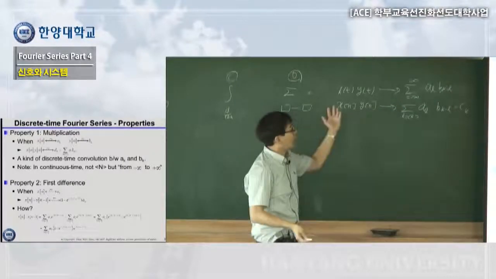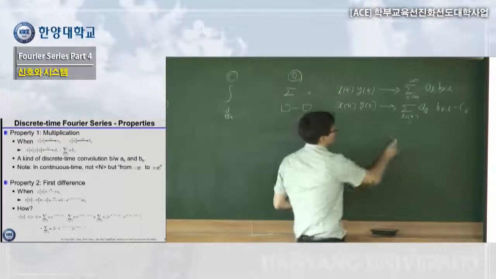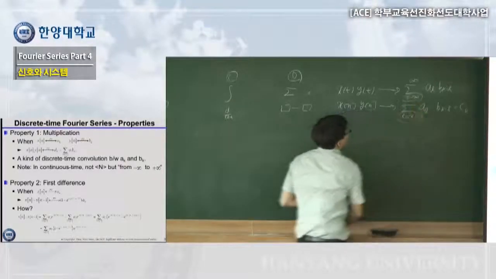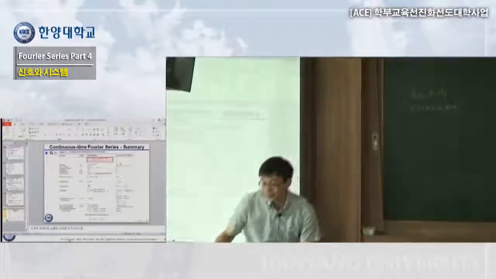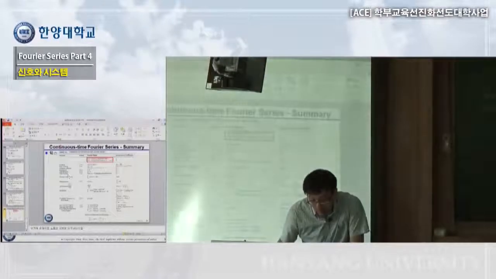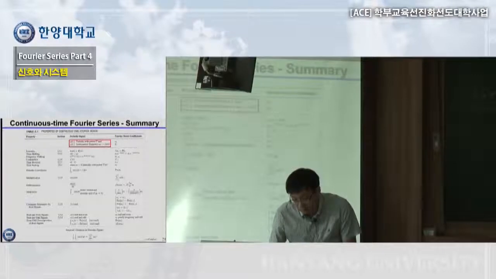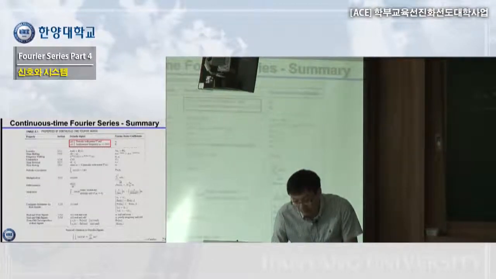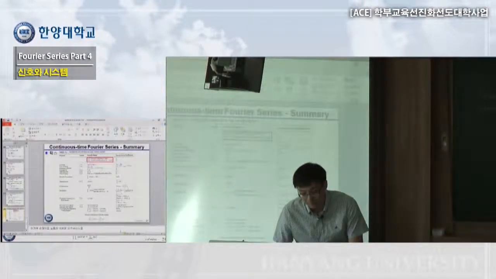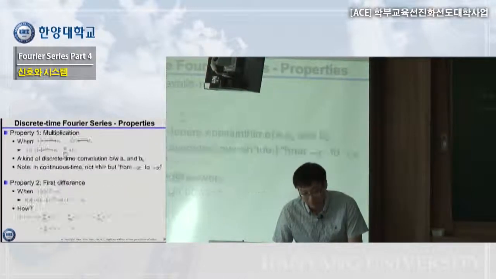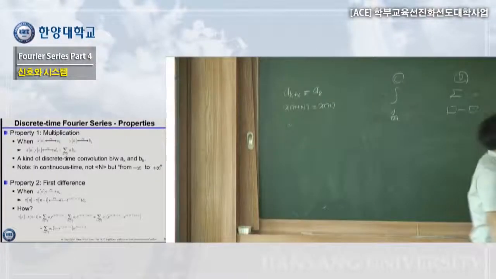So the idea will be the same, but the difference here is the range. In continuous time, we are adding from minus infinity to infinity. Same idea, but the range is different. In discrete time, we are adding over a period. That's one difference.